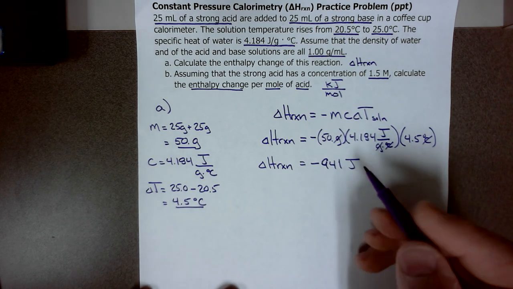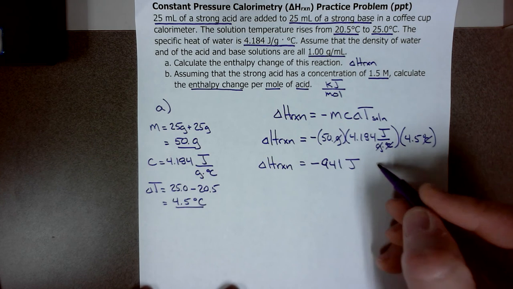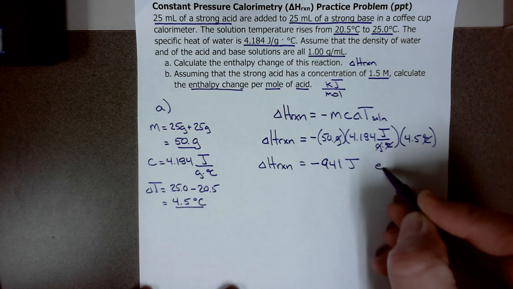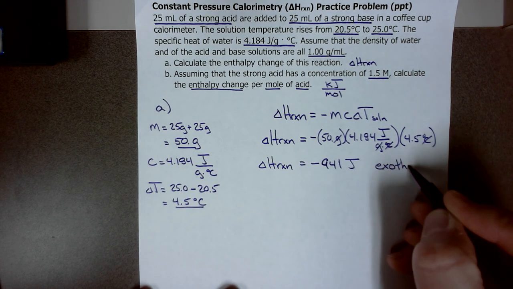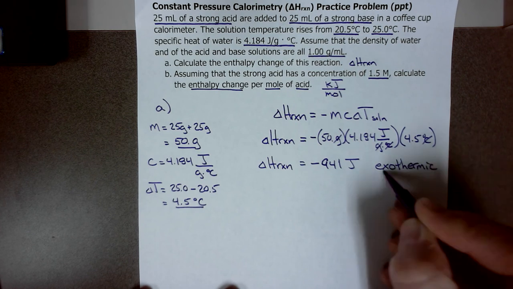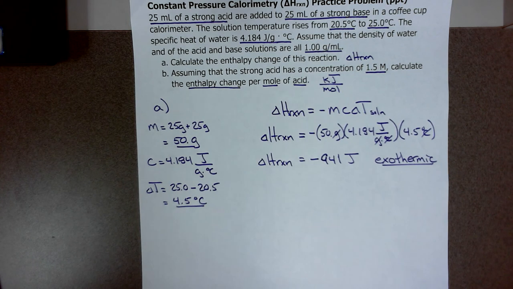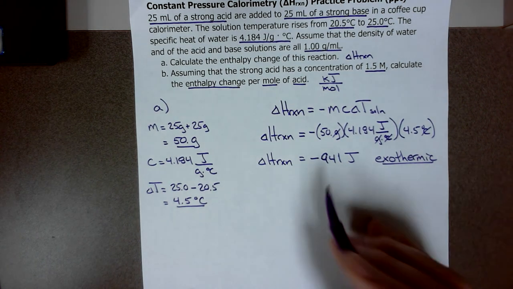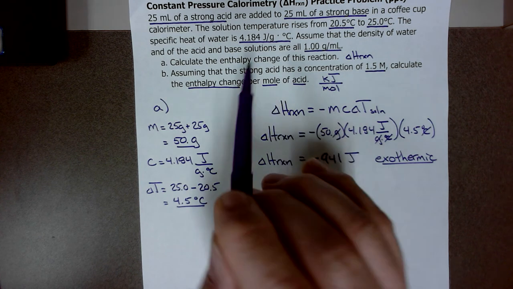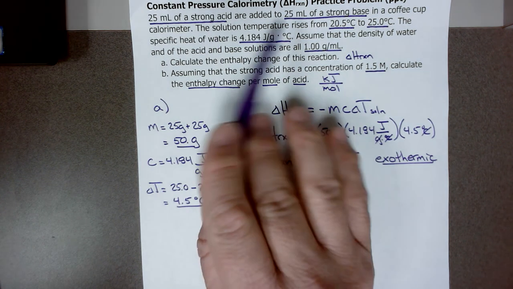The calculator says 941.4, but there are 3 sig figs. And of course we know that it's exothermic because it's negative. It makes sense that it's exothermic because the water is increasing in temperature, gaining the energy from the reaction. So that's the energy involved in the 25 mLs and 25 mLs.